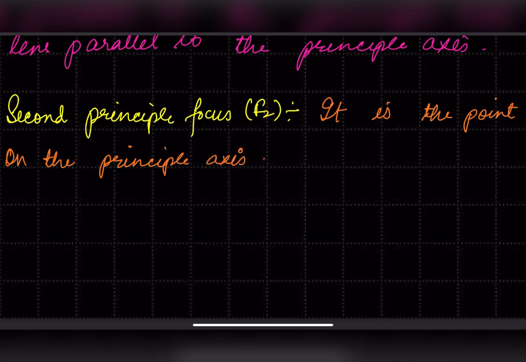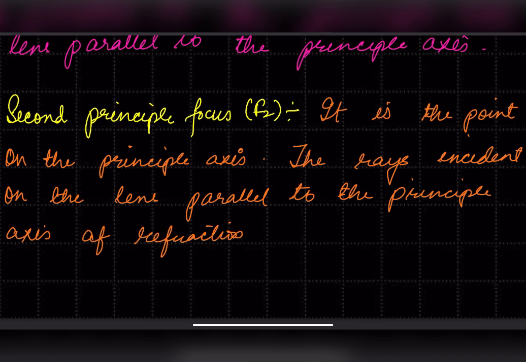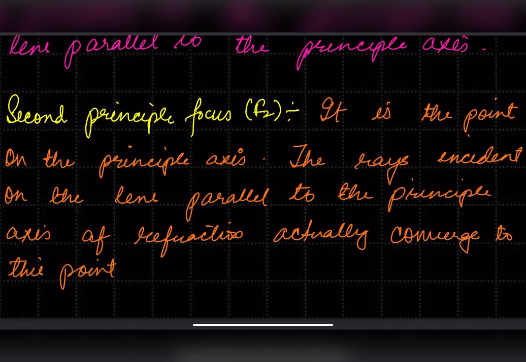The rays incident on this lens parallel to the principal axis, after refraction actually converge to this point, or appear to diverge from this point.